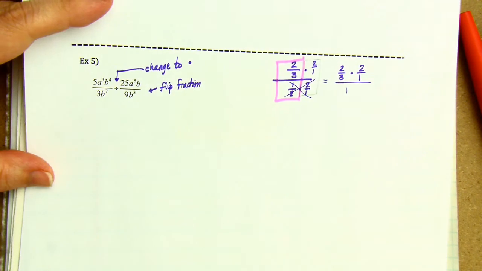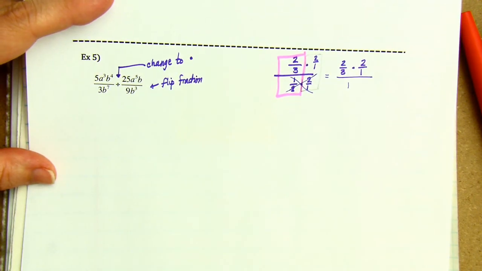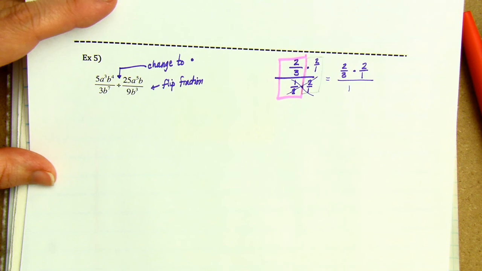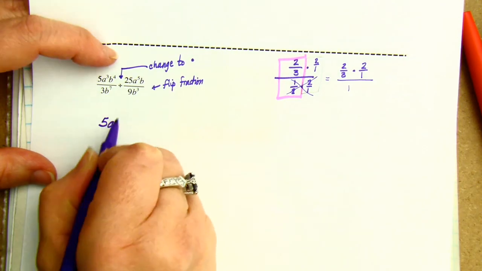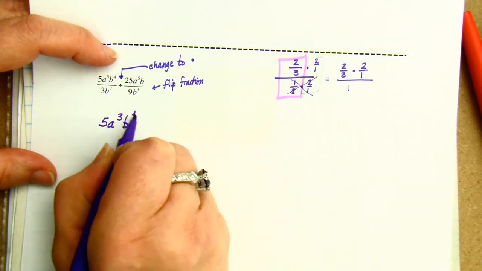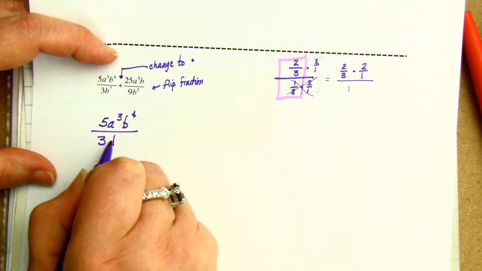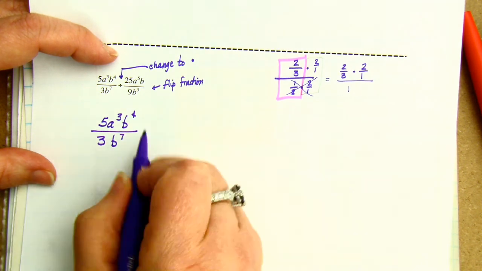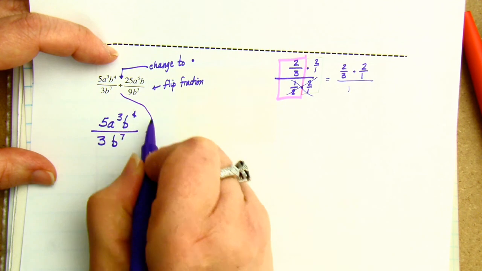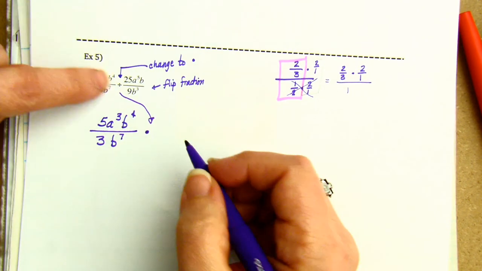All right, well, let's do the flip first. 5a cubed b to the 4th divided by 3b to the 7. Multiply. The 9b cubed comes up top.